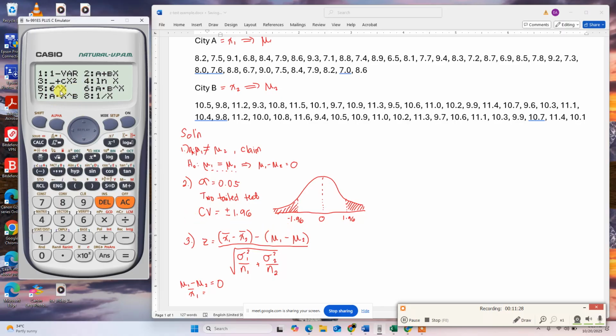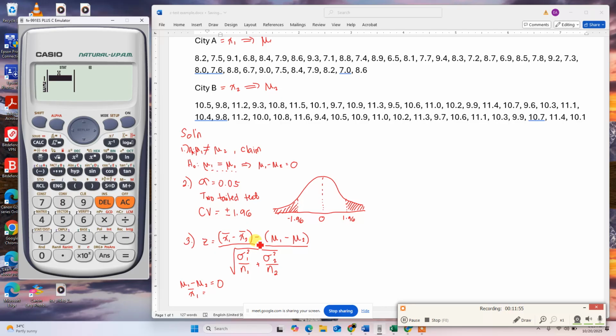Now, you have here some options: 1 var, a plus bx, and so on. We are going to choose 1 var. If your calculator is not the same as the interface of the calculator that I have here on the screen, you press mode and then look for SD.